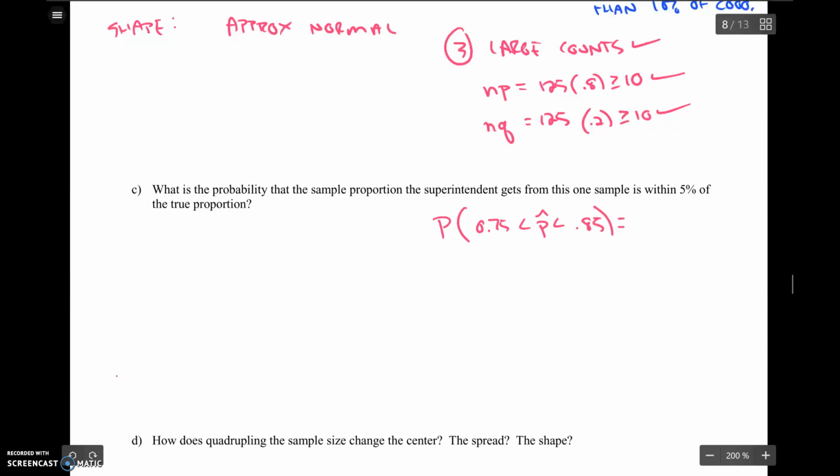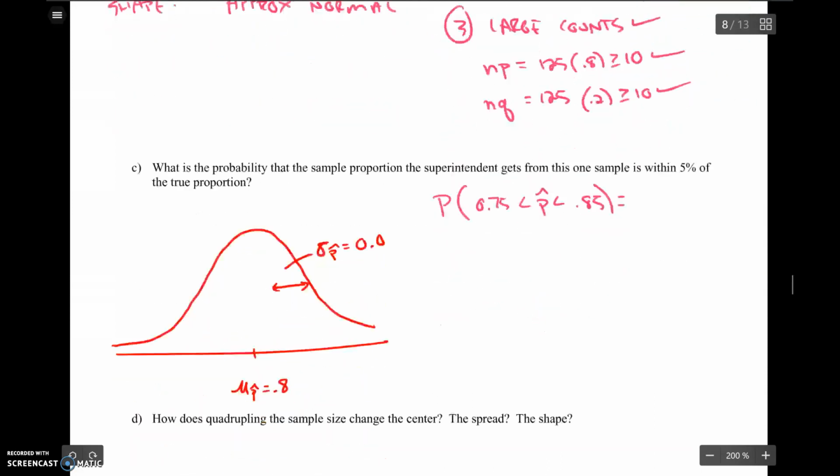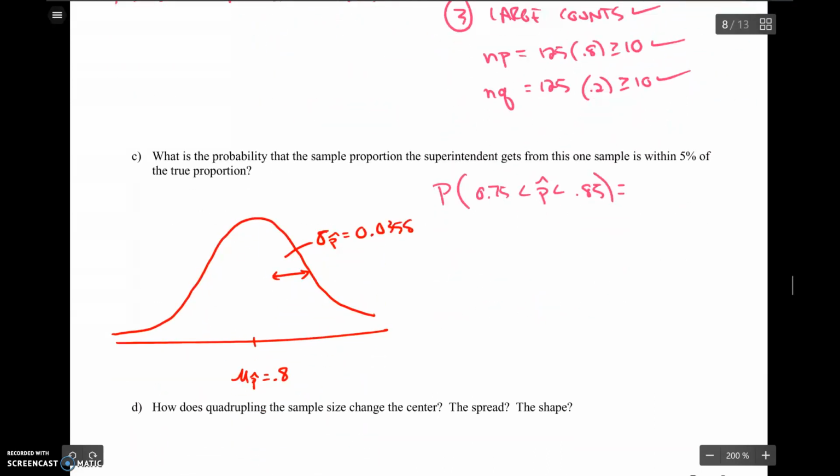Well, luckily, we have a normal distribution that is centered about 0.8, has a standard deviation of 0.0358. I want the probability that it's between 0.75 and 0.85. So I want that area. Because it's a normal curve, I can calculate it.